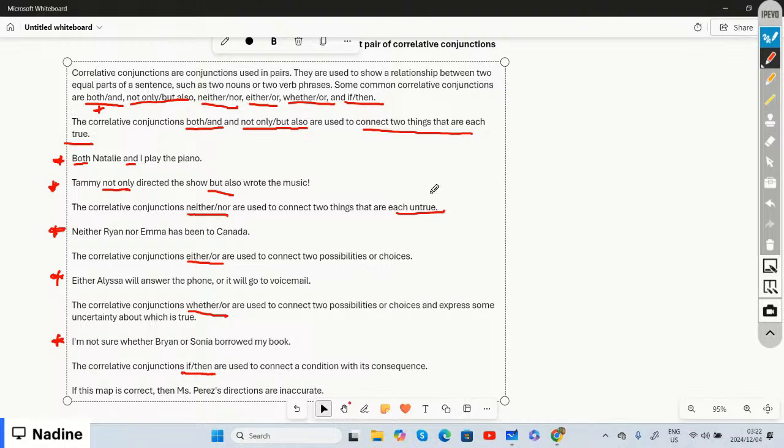And if we look at an example, it says if this map is correct, then Miss Perez's directions are inaccurate. So which means that if, then is used to connect a condition with its consequence.